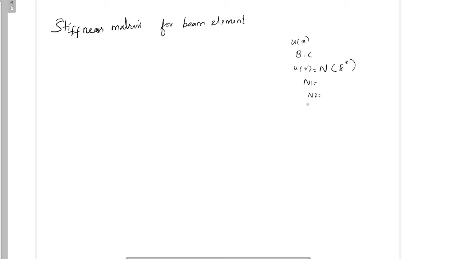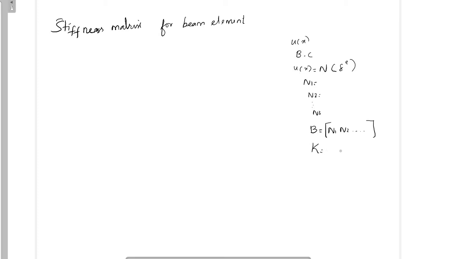So with the use of the number of shape functions got from a particular problem, you can formulate the transformation matrix by assembling the shape function row wise.